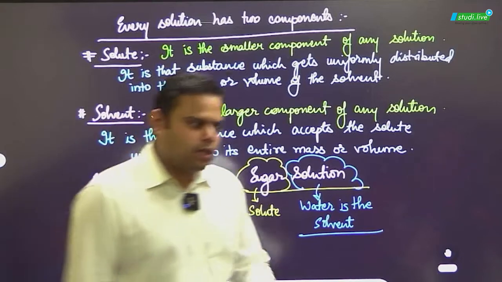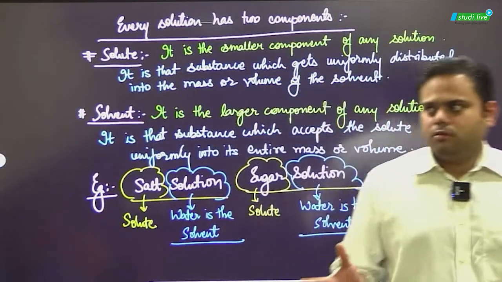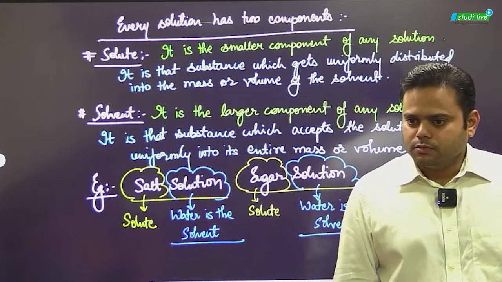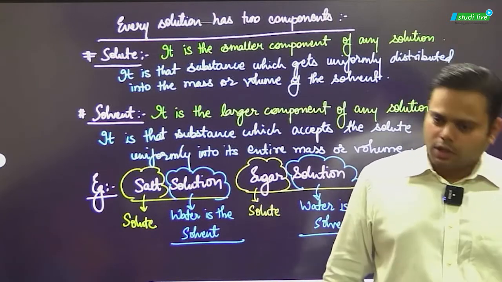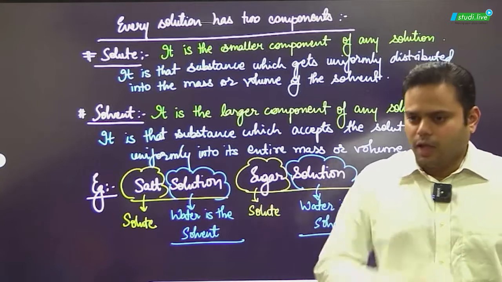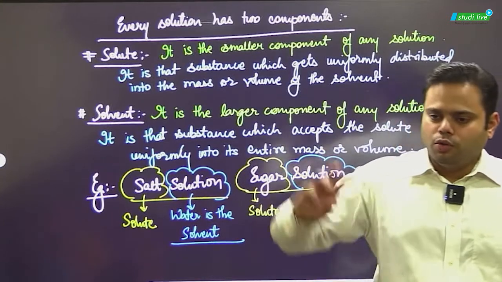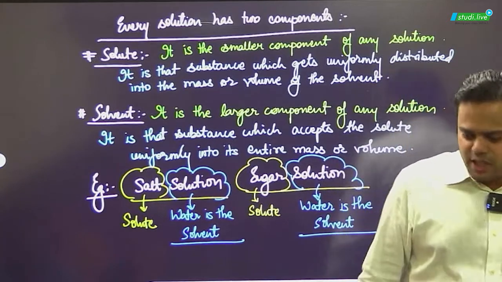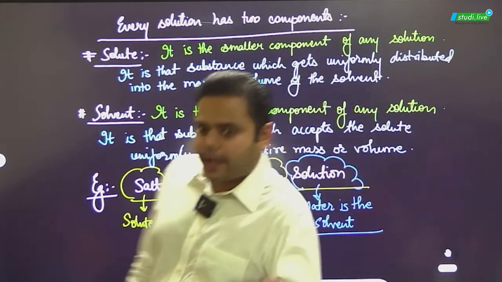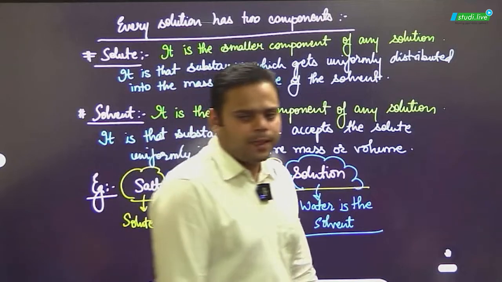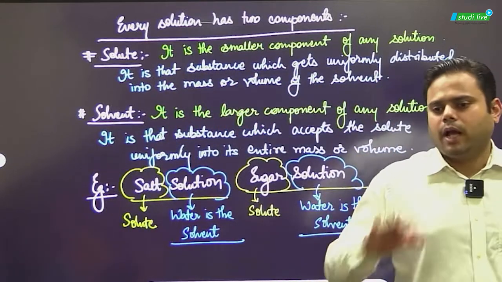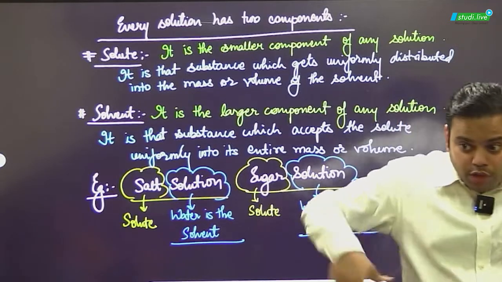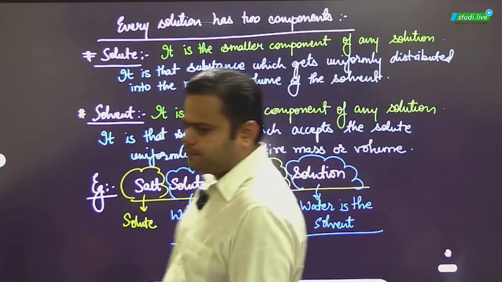You pour water in lemon juice, it will accept water, water will be able to enter the lemon juice uniformly. Or you pour lemon extract into water, lemon extract enters into water, water accepts the lemon extract. Pour alcohol over water, alcohol is able to enter water, water is able to uniformly accept alcohol.